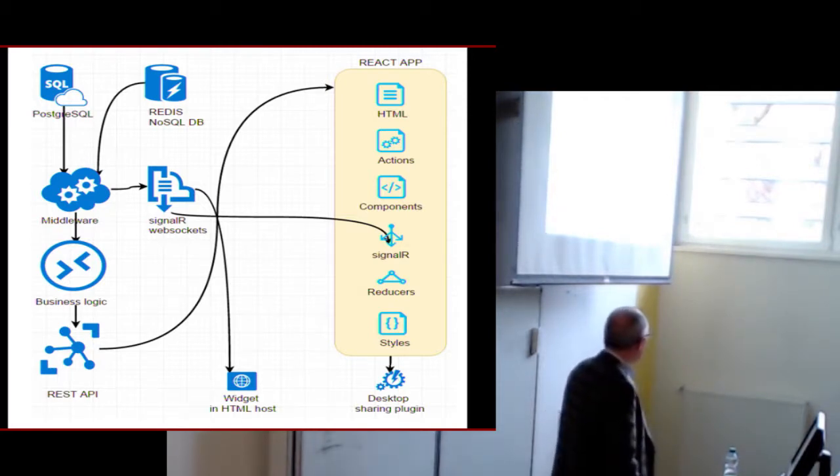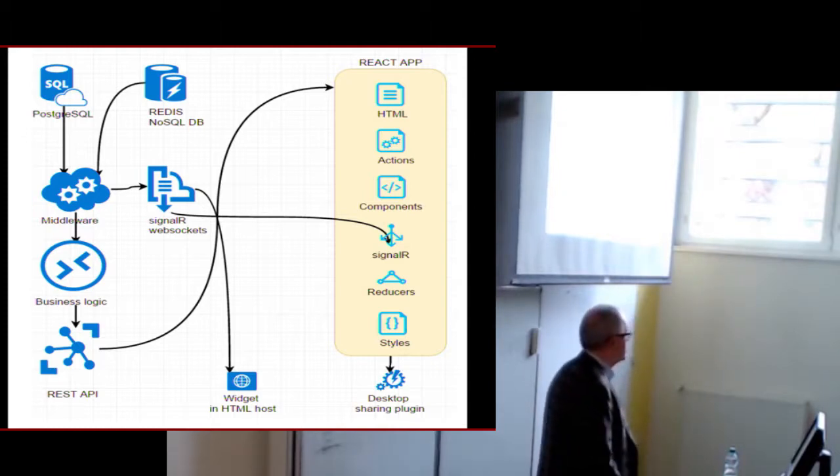We are not able to do something like that with an SQL database. That's why we are using Redis. And yesterday I did some measurements, and we have like 100,000 inserts per second there.